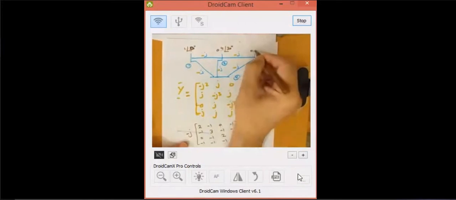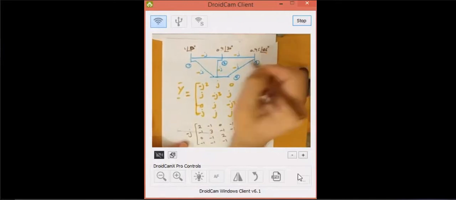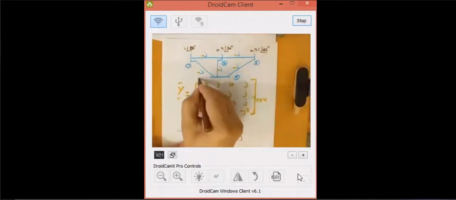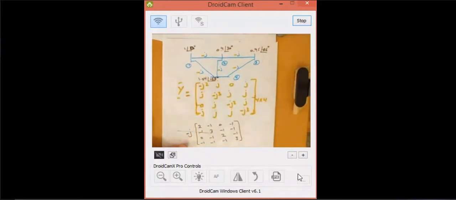This is 0.95 angle 26 minus, and this one equal to 1.04 angle minus 68. Okay, what is the current?